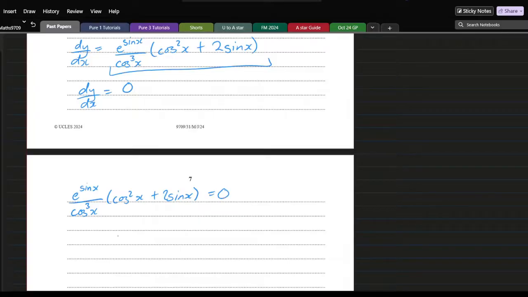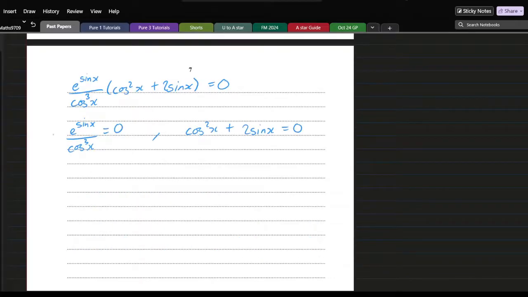And now we can equate each factor to 0. So e to the sine x over cos cubed x is equal to 0, and we can also say that cos squared x plus 2 sine x is equal to 0.